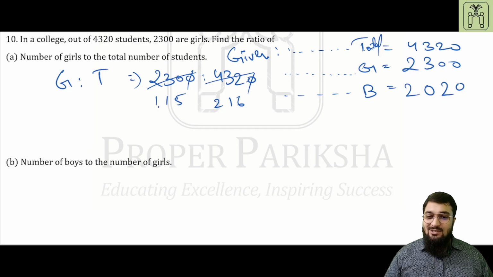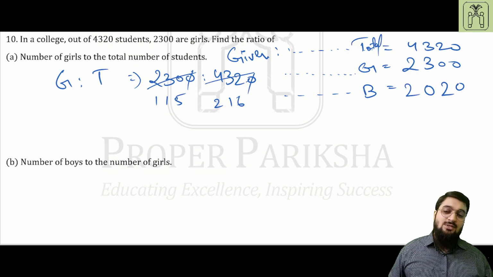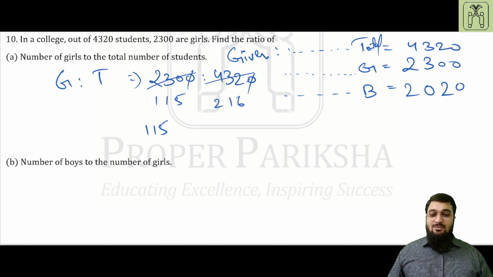What about 7? No, not 7, not 8, not 9, not 10, not 11, 12, 13. So I think that this is the end, and the answer will be 115 is to 216.